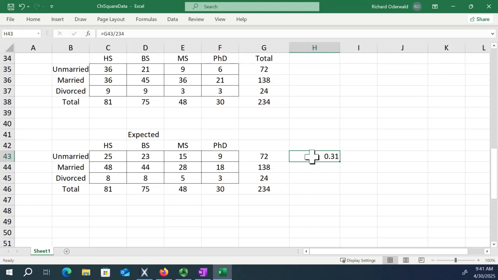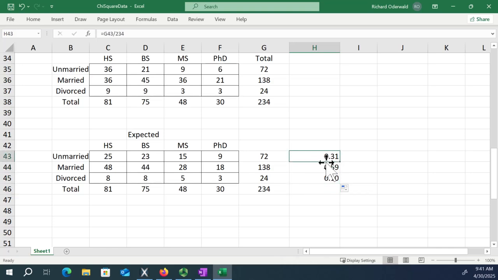So 31% of the people are unmarried. 59% are married, 10% are divorced, and that should add to 1.